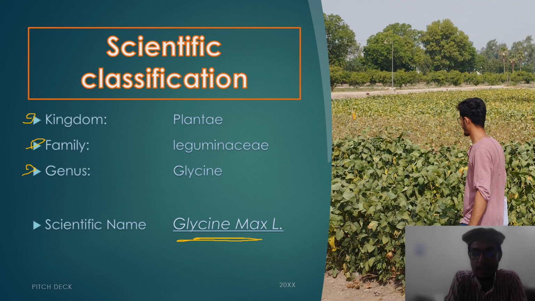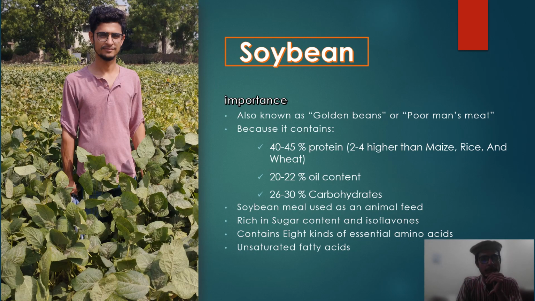As I told you, I'm working on the soybean crop. We cut our autumn soybean crop and got remarkable results. Soybean is also known as the golden bean or poor man's meat because it contains a remarkable 40 to 45% protein, 2 to 4 times higher than maize, rice, and wheat.